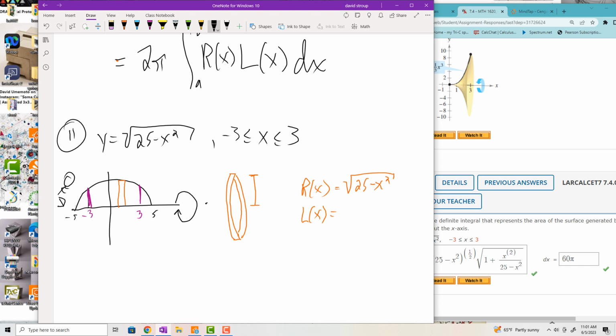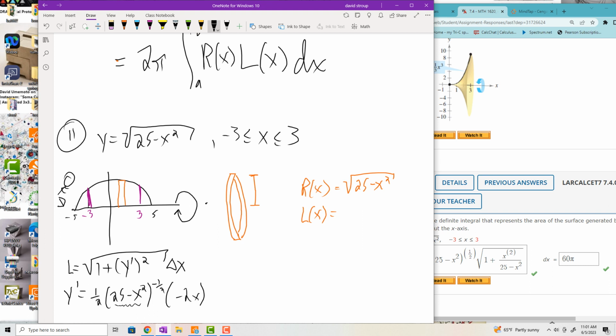That will be a little bit more complicated, right? So again, the L of x formula is going to be the square root of 1 plus the derivative of y squared times delta x, or you can just put dx if you wish. So we need to get the derivative of y. That will be rewriting that with a fraction exponent. Power rule it: 1/2 times 25 minus x squared to the 1/2 minus 1, which is negative 1/2, and then the derivative of the guts will be negative 2x.